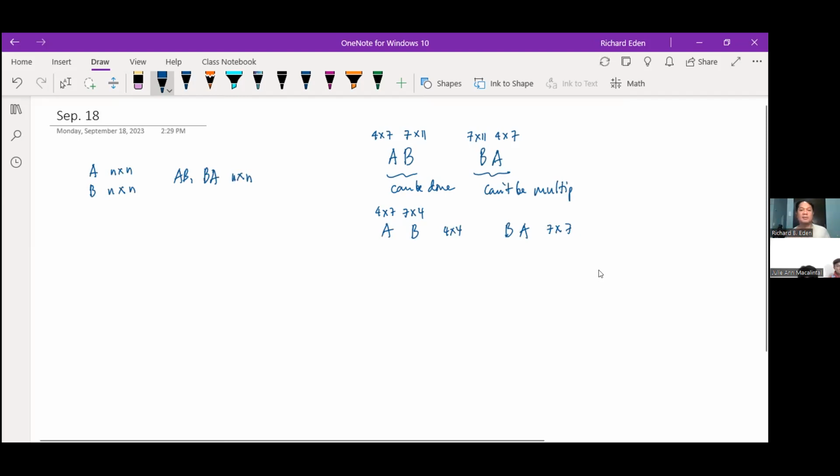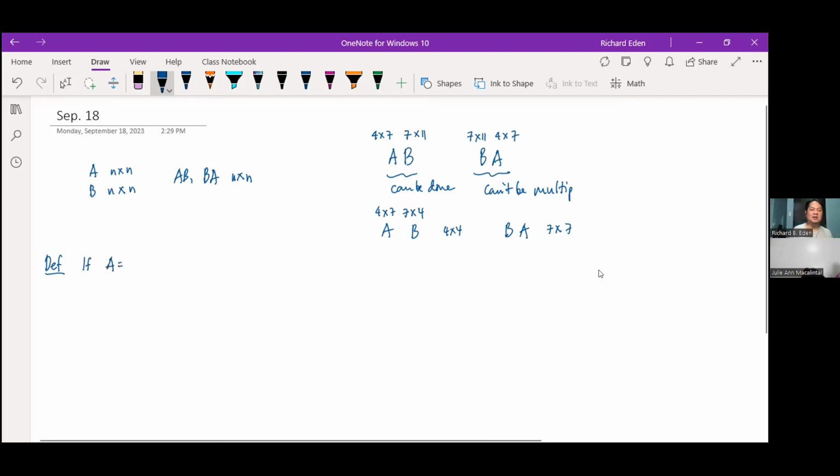Pwede pa rin magkaiba. So many of the things we assume is true for multiplication of real numbers cannot be assumed to be true when we're talking about multiplication of matrices. But I'd just like to write down for the record the nitty-gritty of the definition of matrix multiplication, the formula.